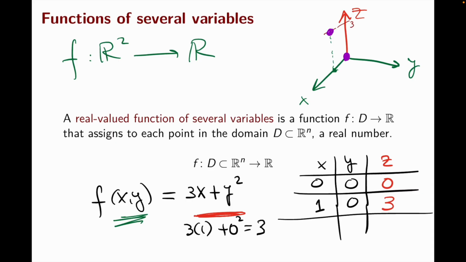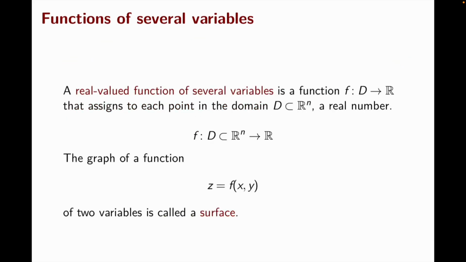So we are trying here for some kind of drawing in the three-dimensional space. I want to emphasize that when the domain is R2, the graph of this function lives in R3. So we need one more dimension to draw this function. And the graph of a function of two variables is going to be called a surface.